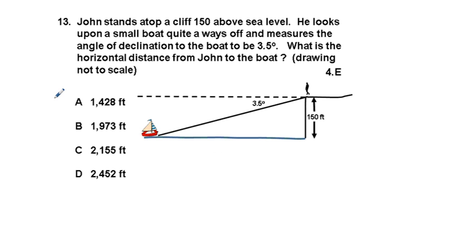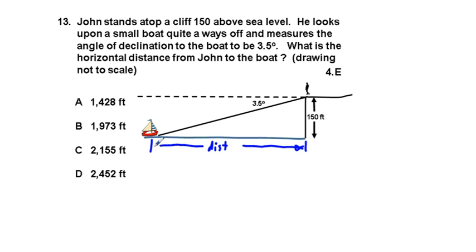Next, 13. John stands atop a cliff 150 feet above sea level. He looks upon a small boat quite a ways off and measures the angle of declination to the boat to be 3.5 degrees. What's the horizontal distance from John to the boat? Drawing on scale, we are trying to find this distance here, the horizontal distance.